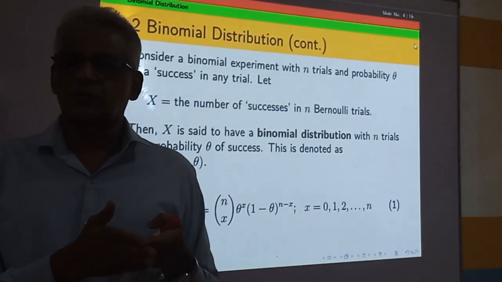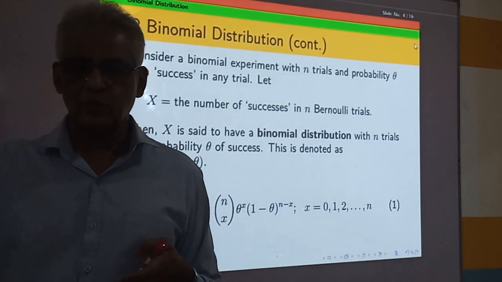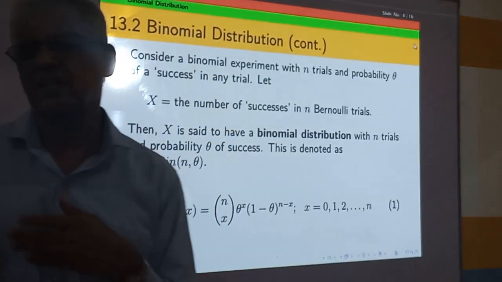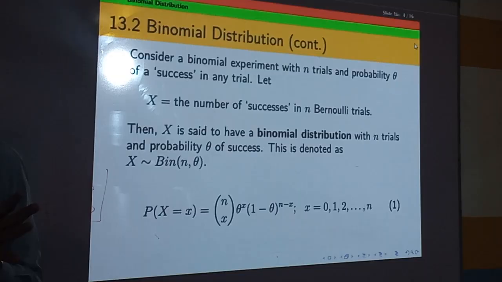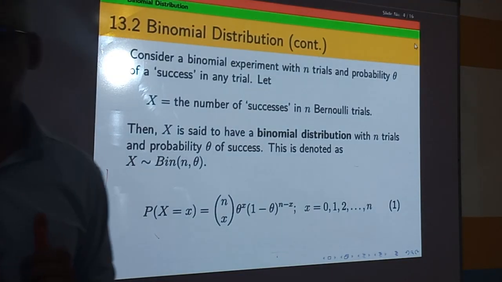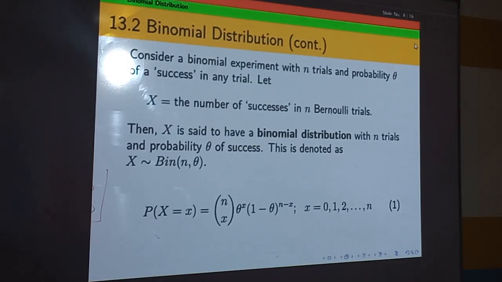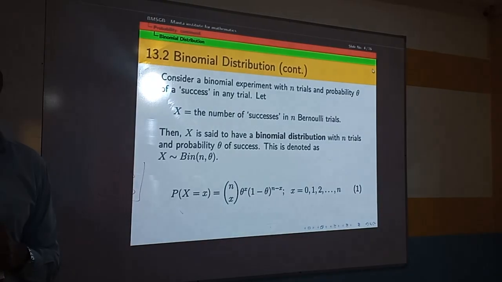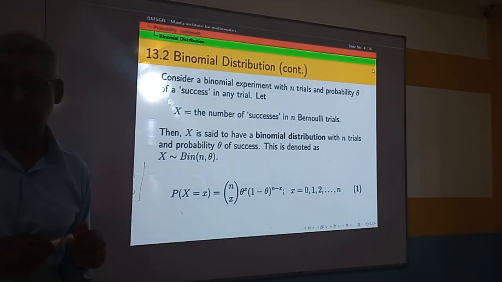If the first one is defective, the probability that the second one is defective is not the same, it's slightly different. But still, we just consider them as the same, because even though they are not really the same, they are very close. So in that case also, we can use the binomial model to calculate the probability of getting a given number of defectives in that particular sample.